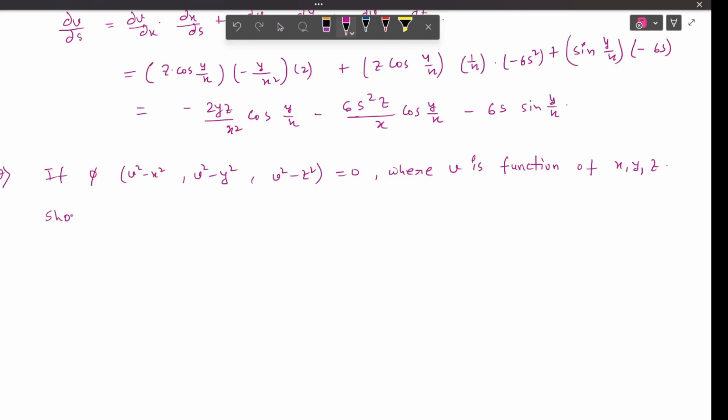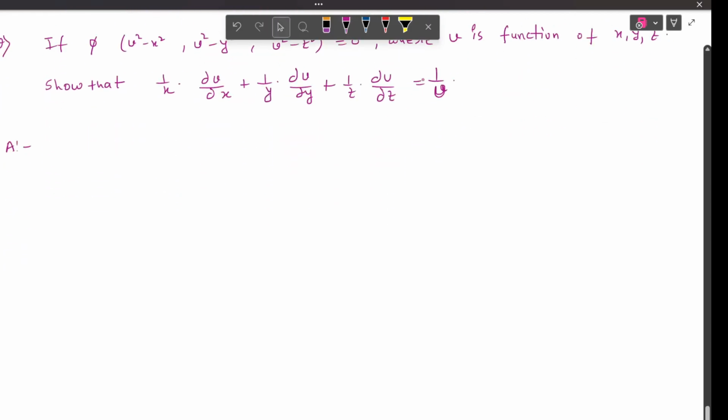Show that 1 by x into del v by del x plus 1 by y del v by del y plus 1 by z del v by del z is 1 by v. We have to show this. So let's see the solution, how to solve.